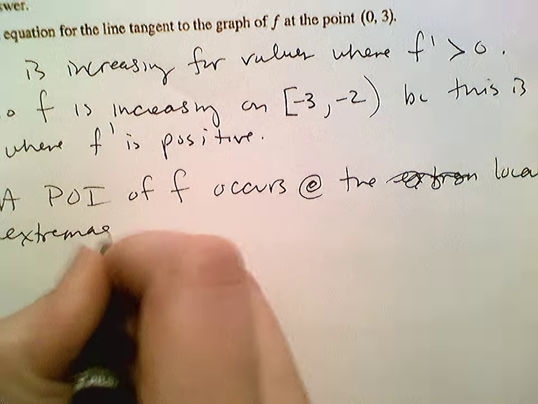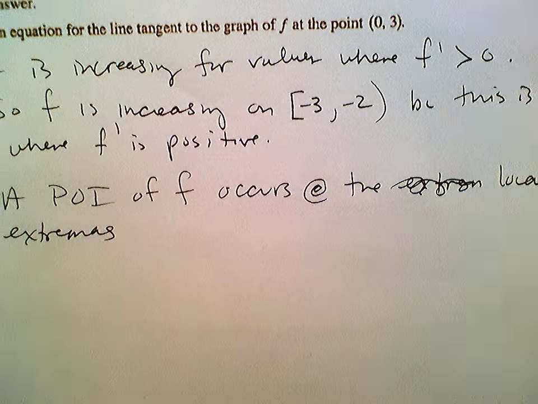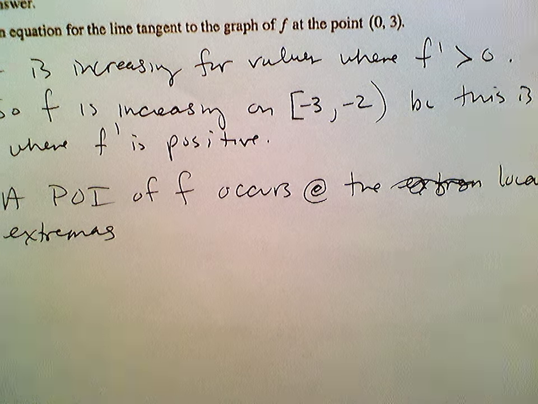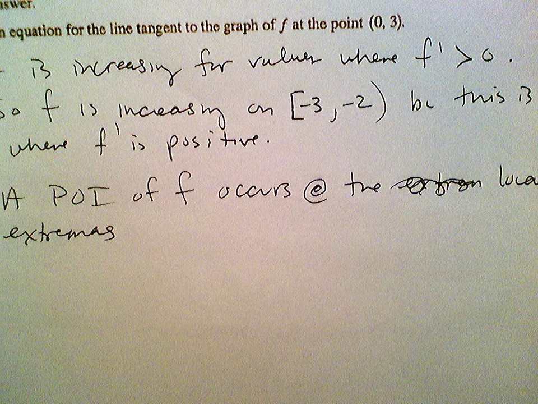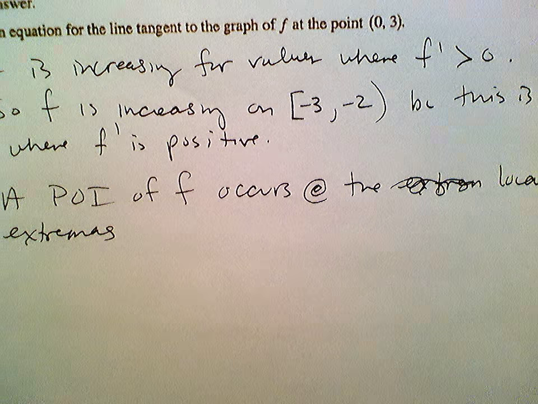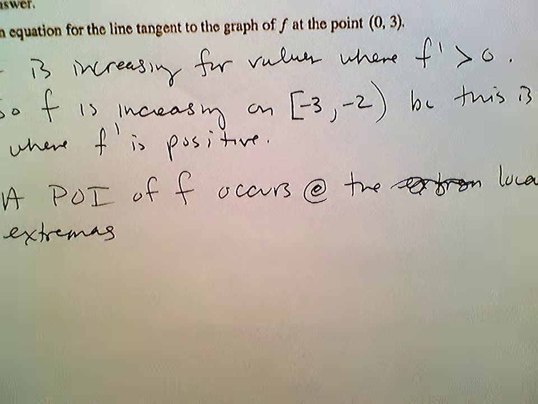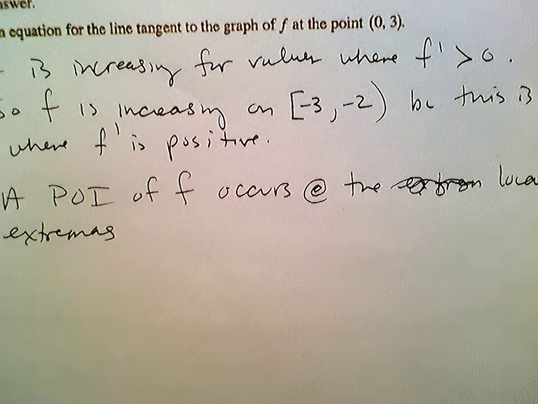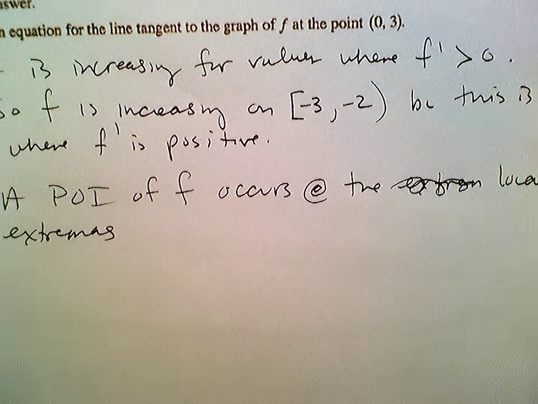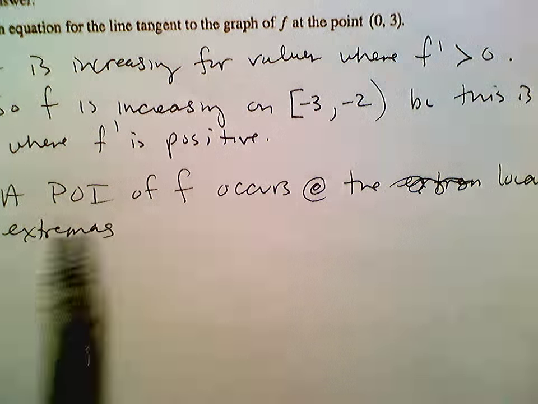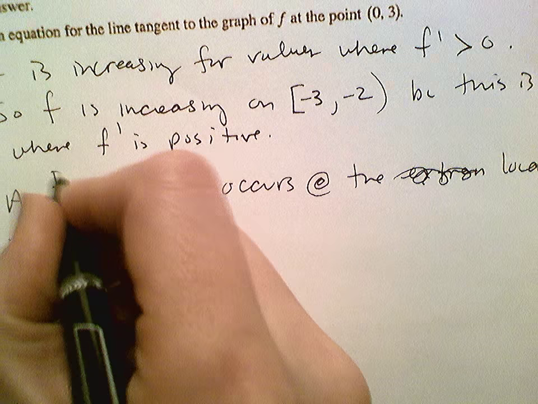The way I'm trying to do this, guys, is not necessarily the way I would do it on my own, but I'm trying to help you develop a strategy, and I think a good strategy would be recalling any facts. Recalling the facts helps you figure the problem out, and it also helps you set up a nice, strong explanation. So I'm recalling this fact. A point of inflection, you should write this out.